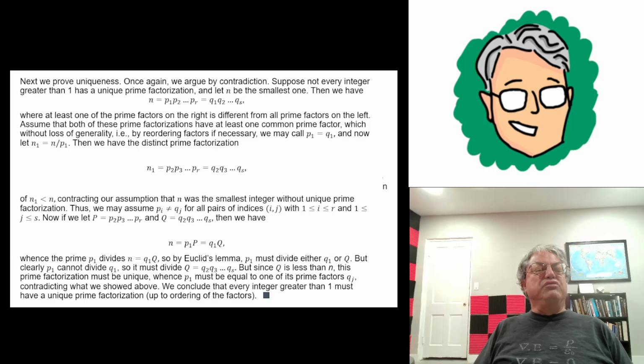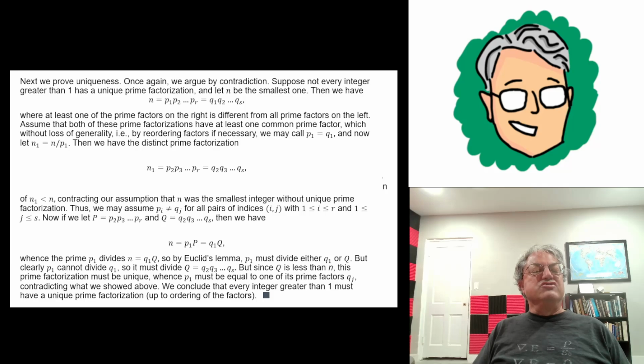Well, now we can apply Euclid's lemma. Here's where Euclid's lemma comes into play. Actually, we're not doing n, we're doing p1. p1 is a prime number.